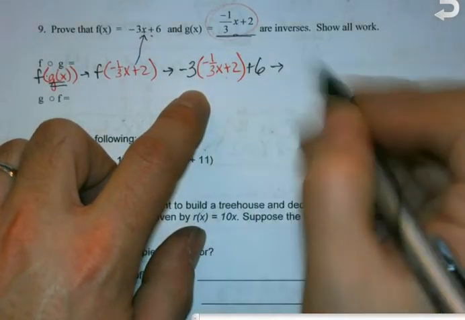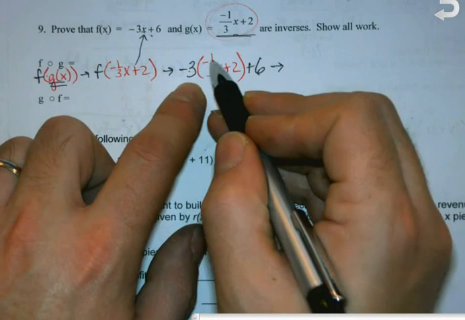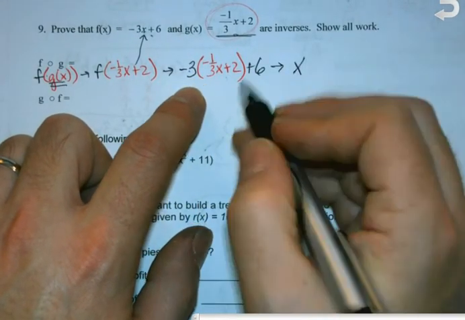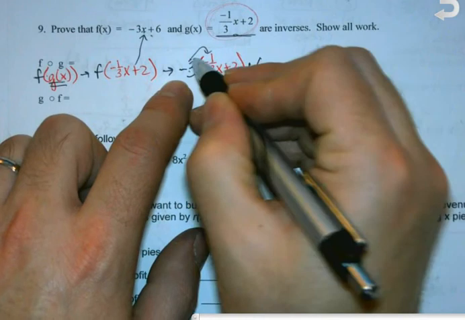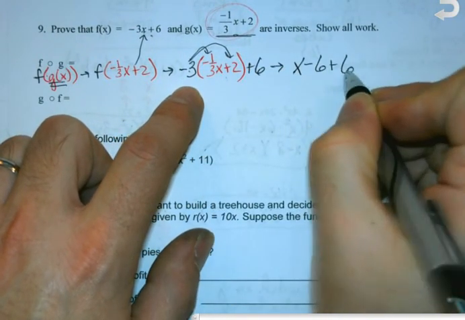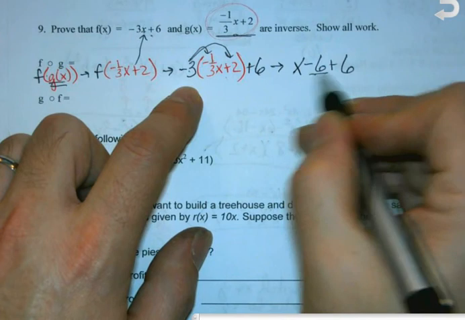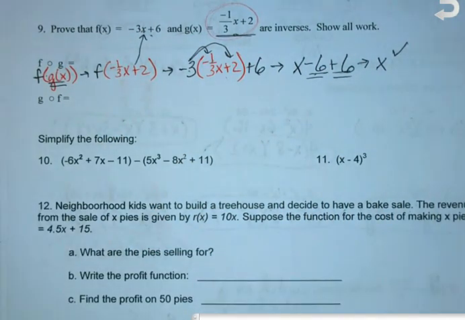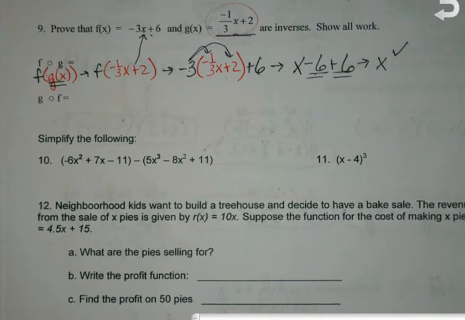Now I'm just going to simplify it. -3 times -1/3 is 1. Just have x. -3 times 2 is -6. Plus 6. Those cancel out. So I just end up with x, which is a good thing. You'll see why in a second here.